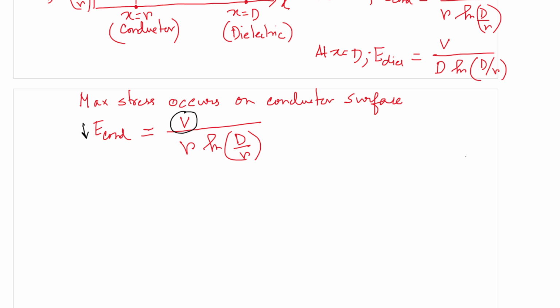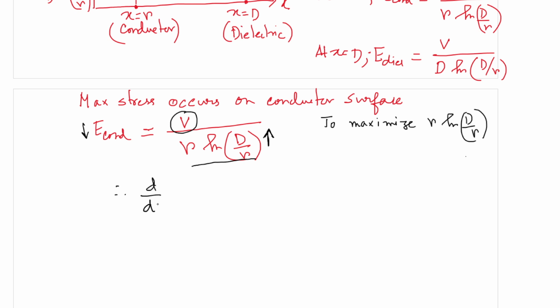So in order to minimize the conductor stress, the only way is to maximize this denominator, r ln D by r. Now to maximize r ln D by r, what should we do?